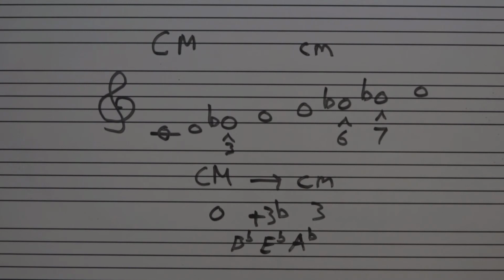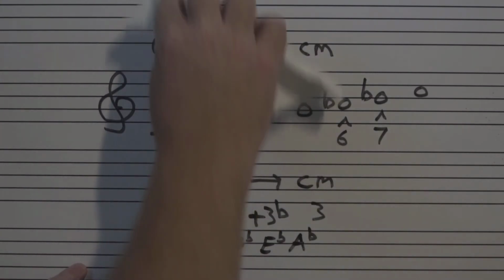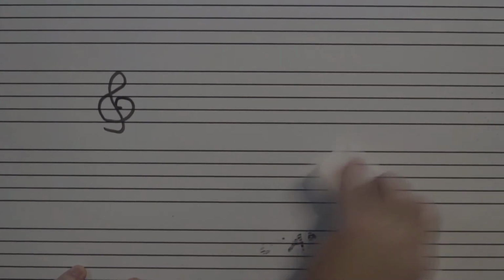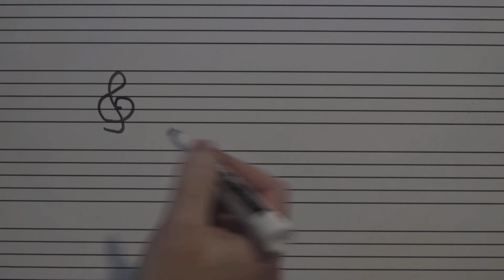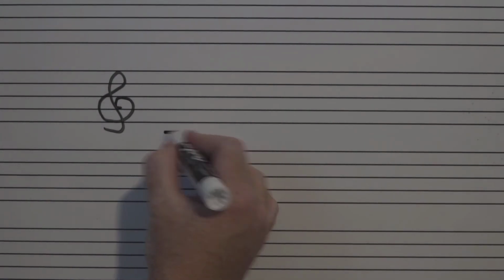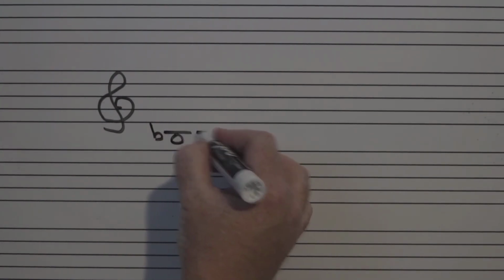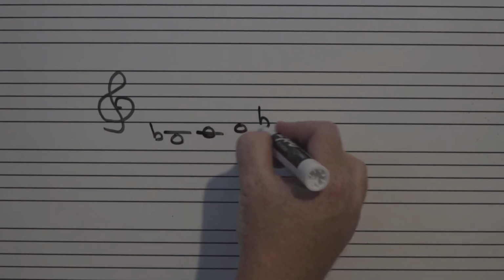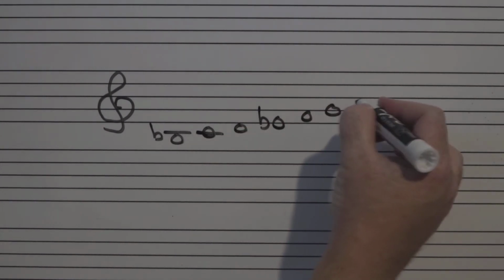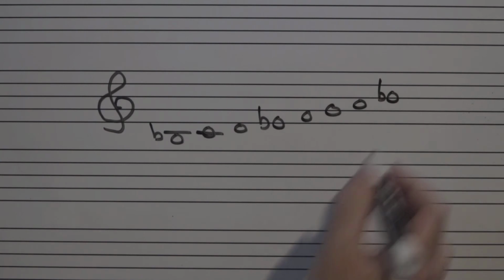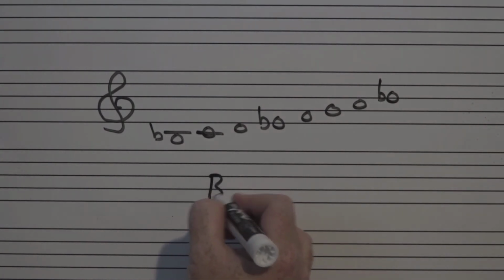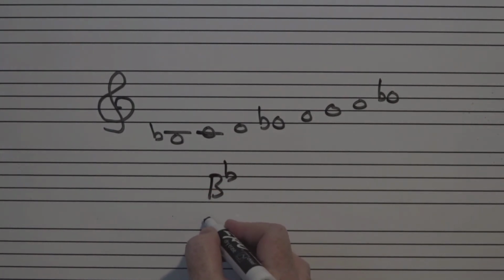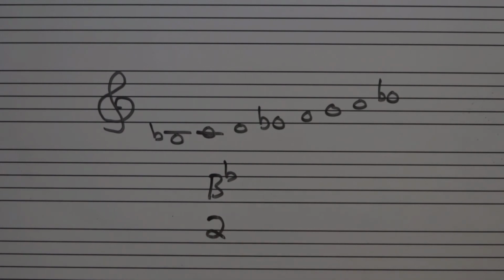But perhaps that was too crazy to be coincidental. So let's do it again. Here we are. Let's do B flat major. Here we are. B flat, C, D, E flat, F, G, A, and B flat. So B flat major has 2 flats.